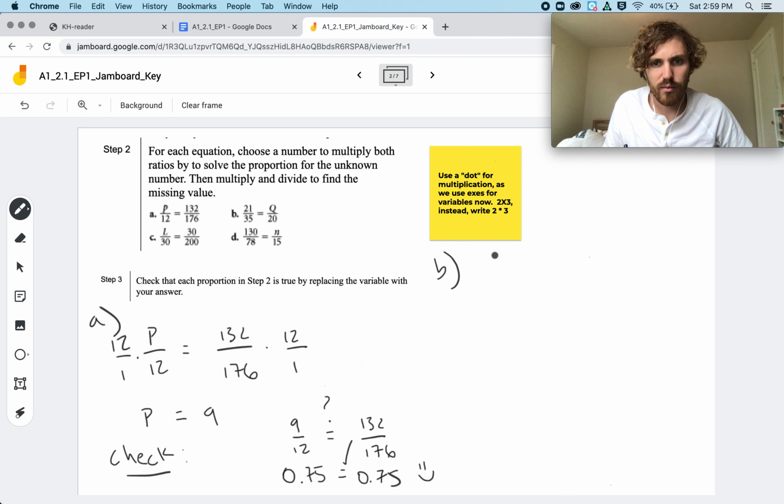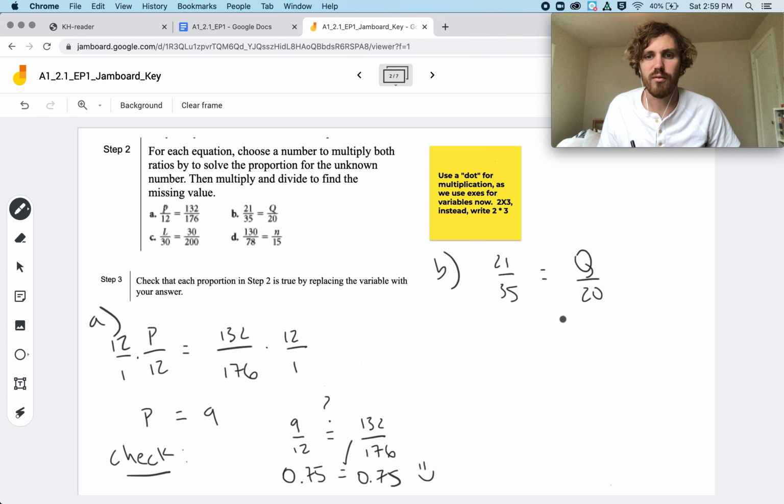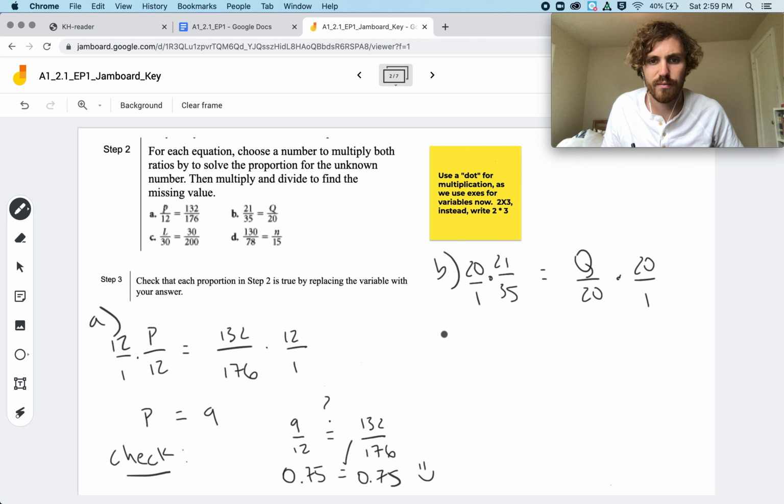So for B, we have 21 over 35 is equal to Q over 20. And so since Q is divided by 20, I want to multiply by 20 to undo that division. So I'll multiply by 20 over 1 on both sides.